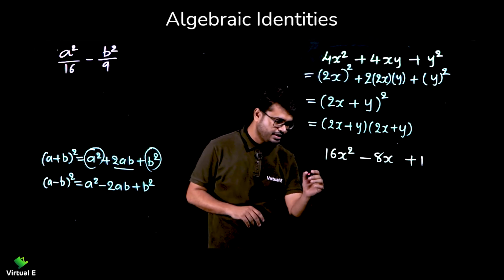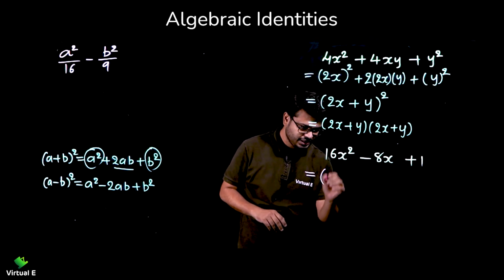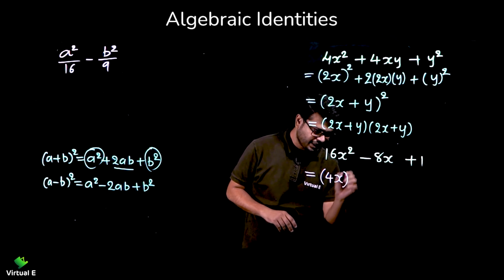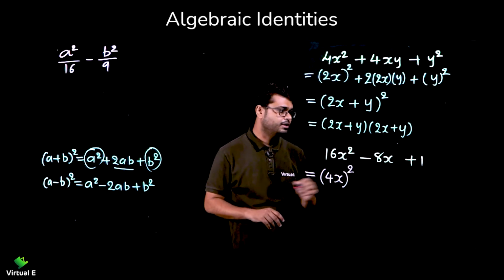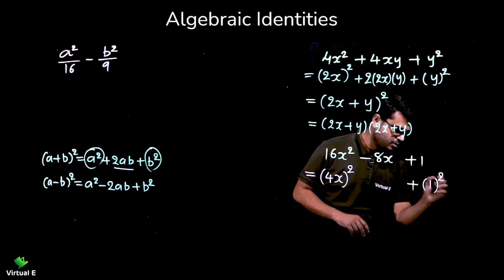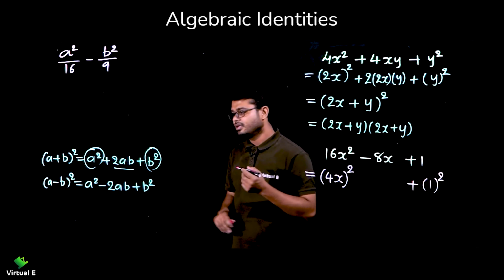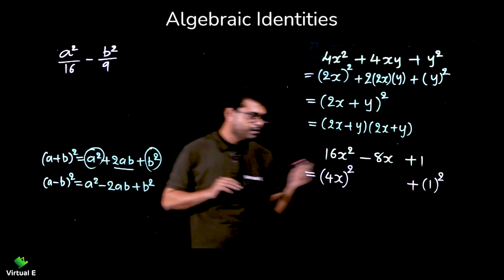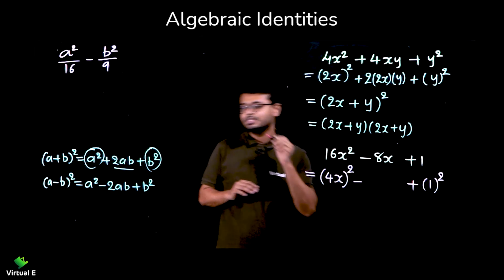So here we can write that the square root of 16 is 4, and of x square it is x, and here square. Here I can write 1 square, because the square of 1 is 1 only, right? So that being done, a square and b square are done. Now about the minus and the middle term.